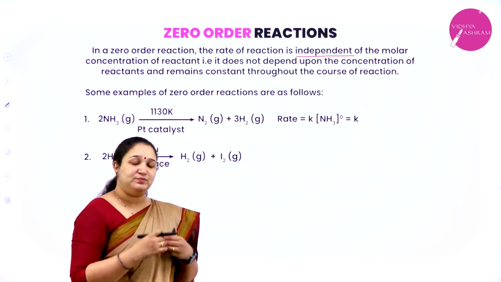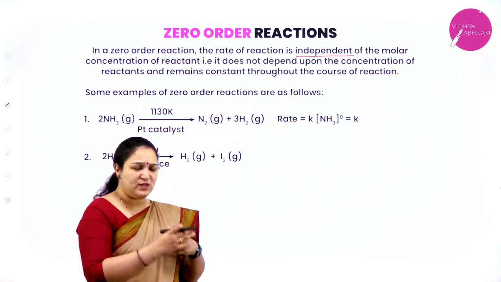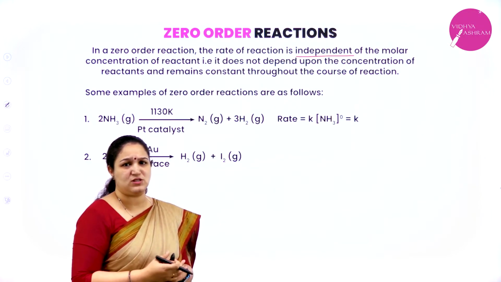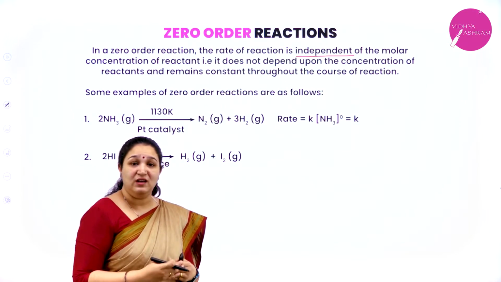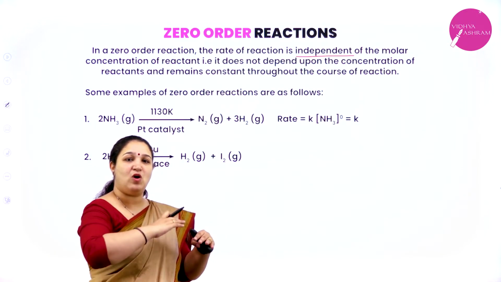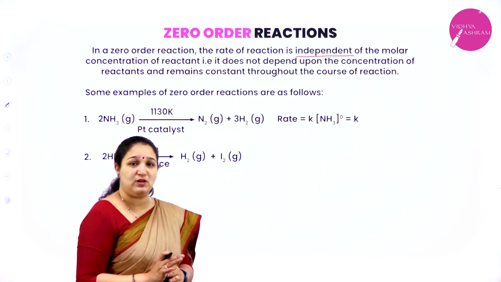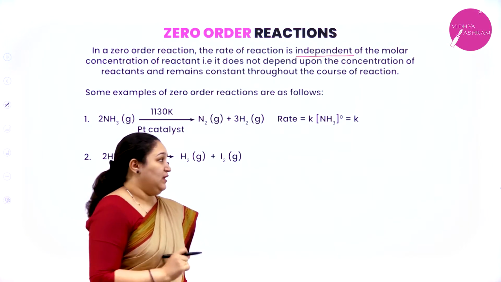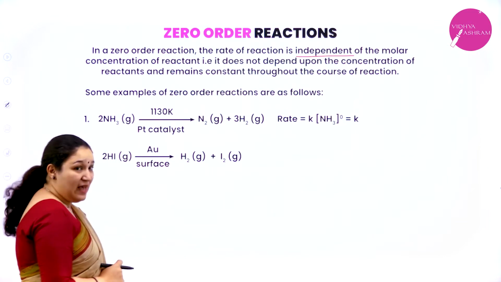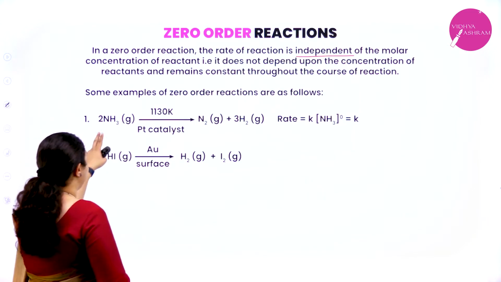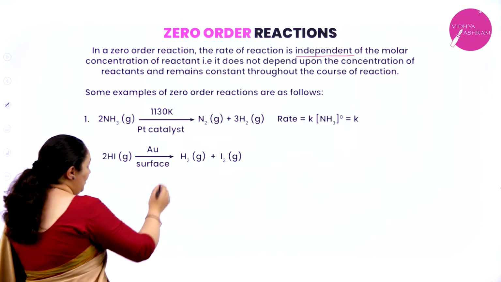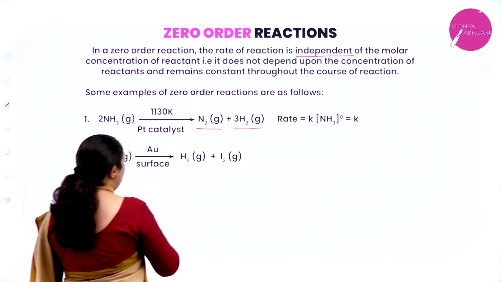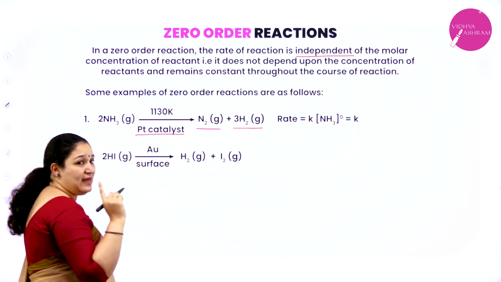Got it? Whatever happens, you can increase the concentration of the reactant or decrease it, but still the rate of the reaction will be constant. For such reactions we call them zero order reactions. An example for zero order reaction is ammonia, which decomposes to give nitrogen and hydrogen, using platinum as the catalyst.